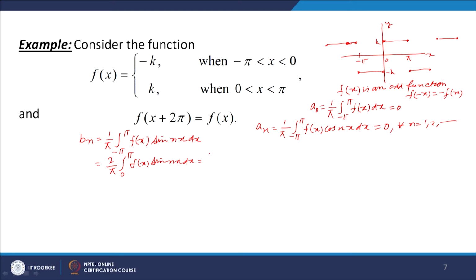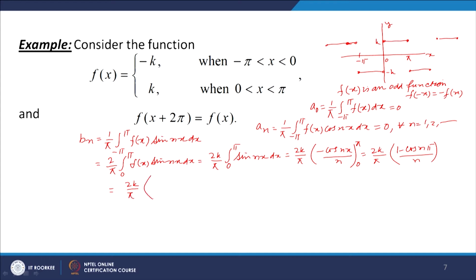So we can write it as 2k over pi, k being a constant I can write outside, integral from 0 to pi of sin nx dx, and this will be equal to 2k over pi, where the integral of sin nx will be minus cos nx divided by n. So, from 0 to pi, we will get 2k over pi times (1 minus cos n pi) divided by n, and this is therefore equal to 2k over pi times (1 minus (-1)^n) divided by n.